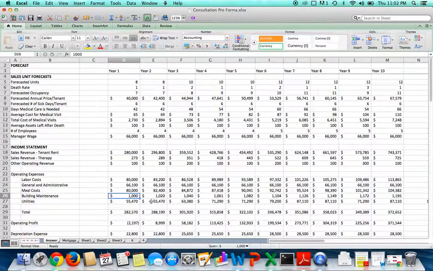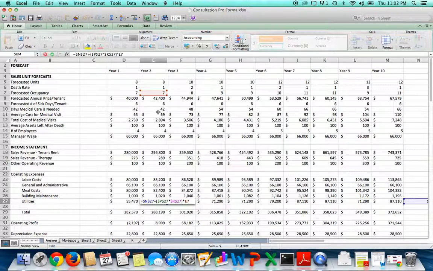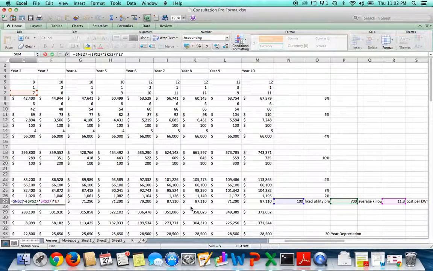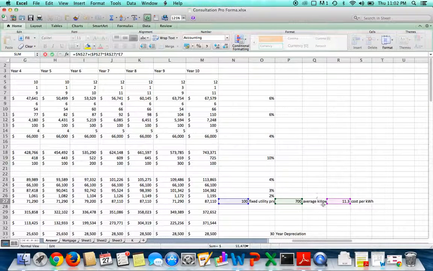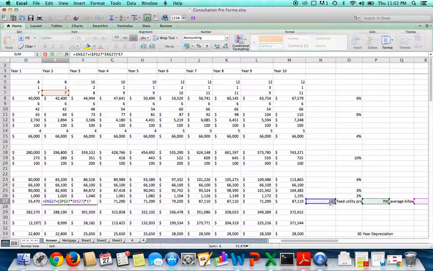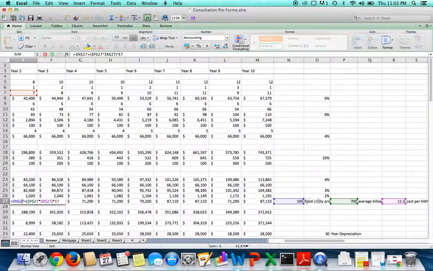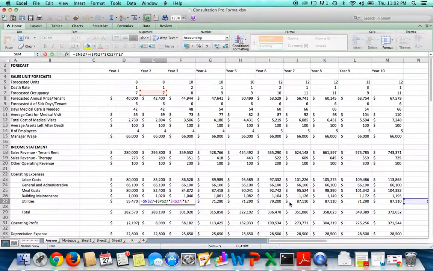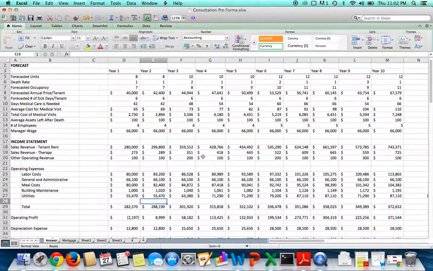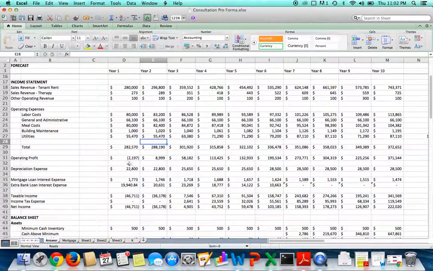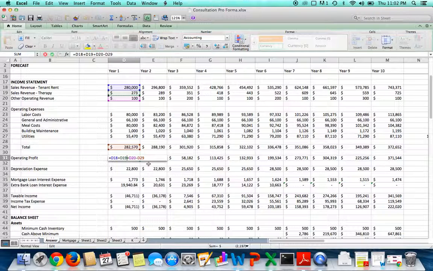Our utilities were taken as the number of forecasted tenants that would be living there times the average kilowatt use per tenant times the cost per kilowatt hour, plus the fixed utility price of $100 per year. And that gave us our total. And then we have our operating profit.